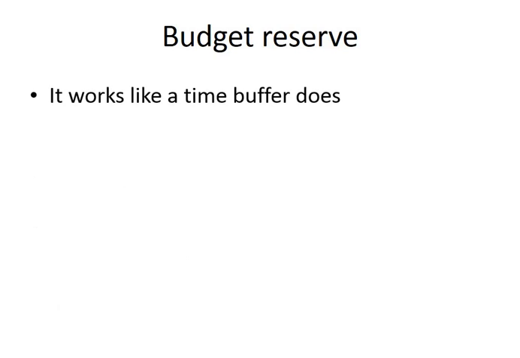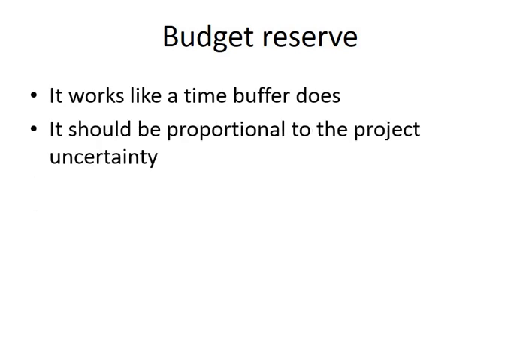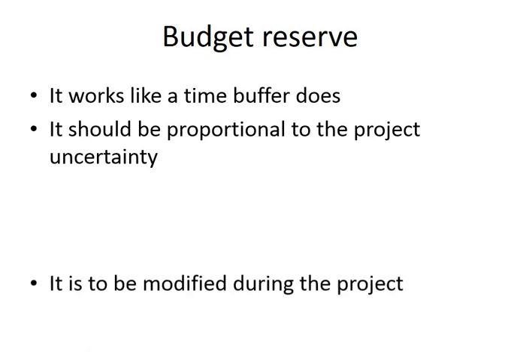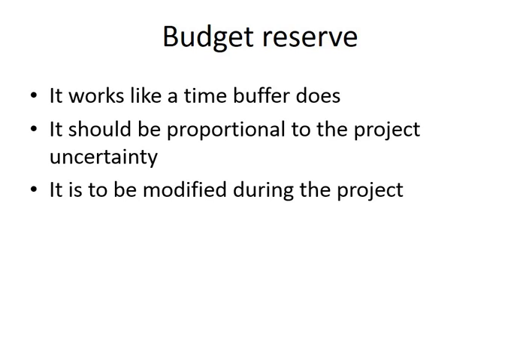So it works like a time buffer. So if you don't need it, you don't use it. But if you need it, you can use it. The more unique the project, the more different unforeseen things may happen, the more money you need to have at your disposal. But you don't need to keep it until the very end of the project.